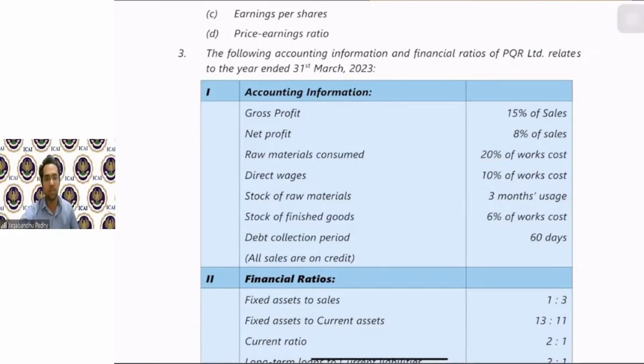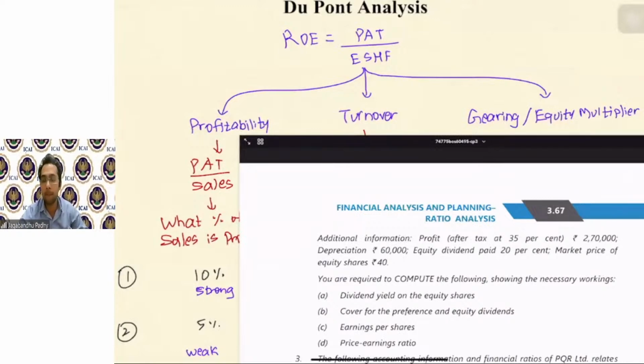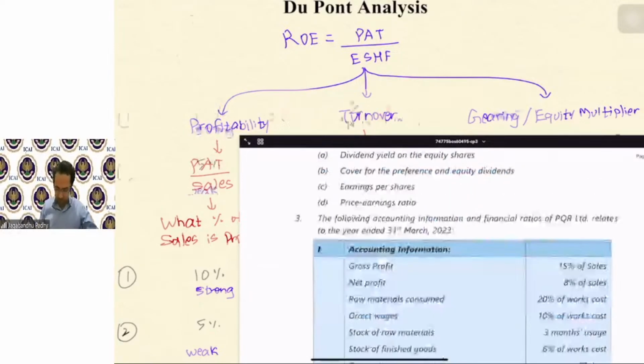Page number 3.67. Question 3. Let's have a look at it, guys. Let's solve it together.